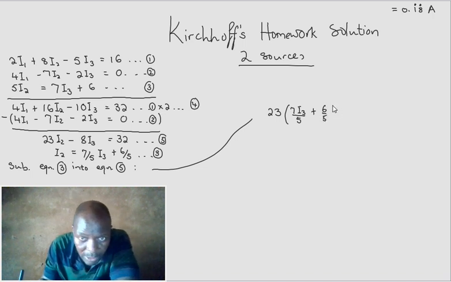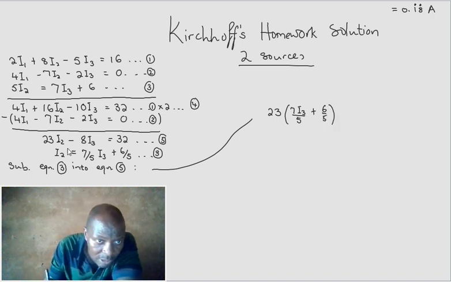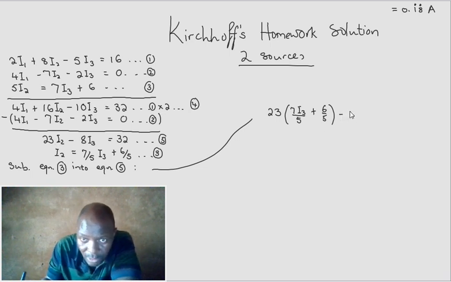That is I2. 23 times that minus 8 I3 is equal to 32.